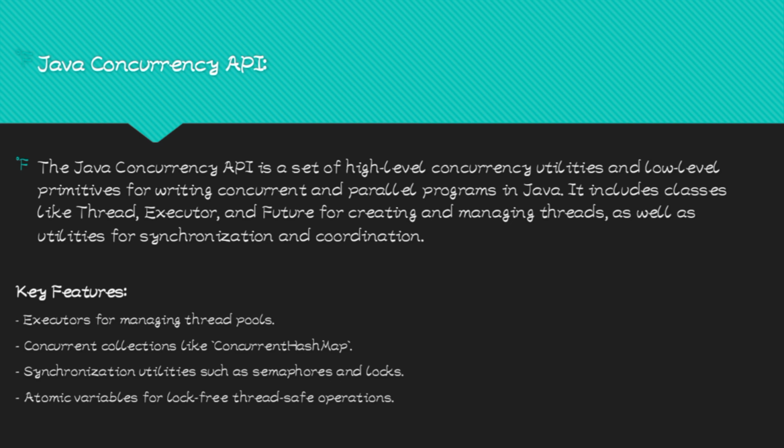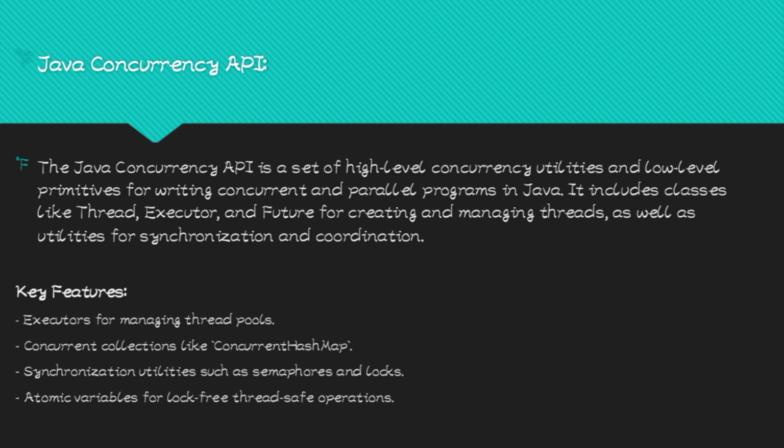Another language library we have is the Java Concurrency API. The Java Concurrency API is a set of high-level concurrency utilities and low-level primitives for writing concurrent and parallel programs in Java. It includes classes like thread, executor, and future for creating and managing threads, as well as utilities for synchronization and coordination.